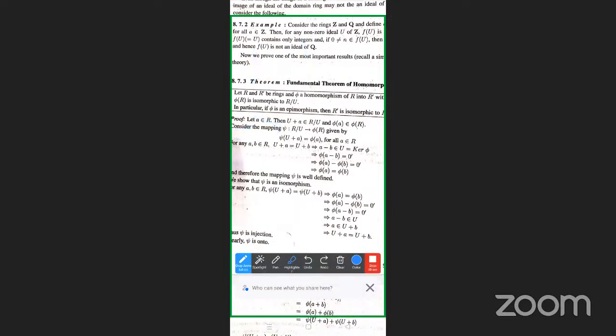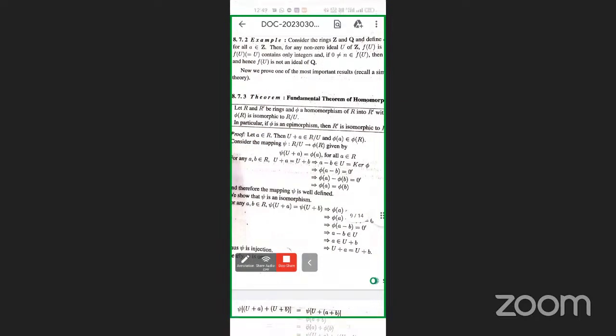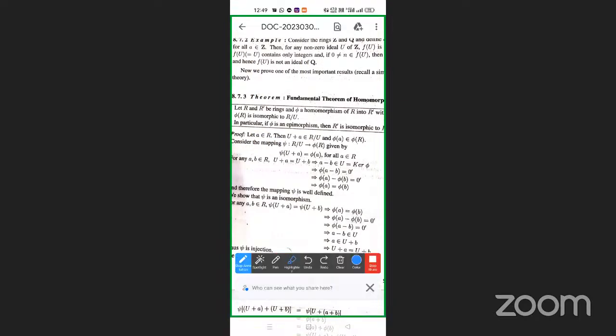I will discuss this theorem in the next class, but I will explain the basics. What is a one-one function and an onto function? How do we verify that a given function is one-one or not?